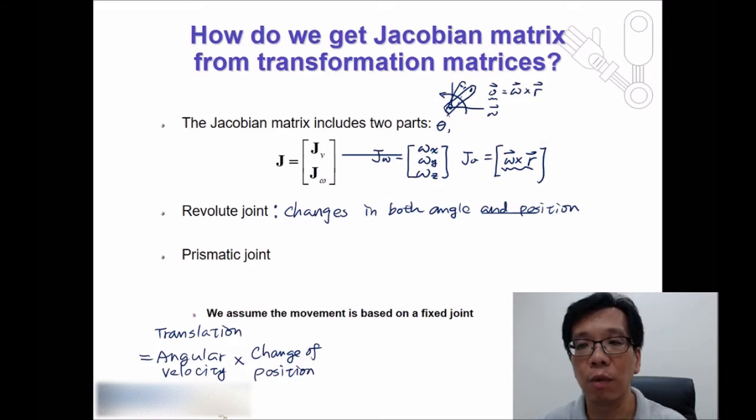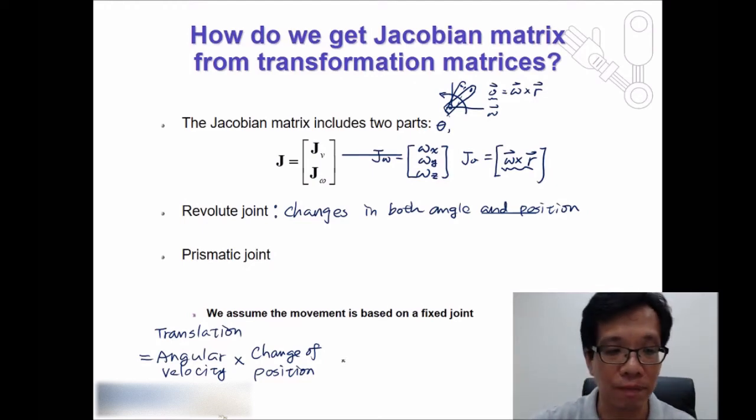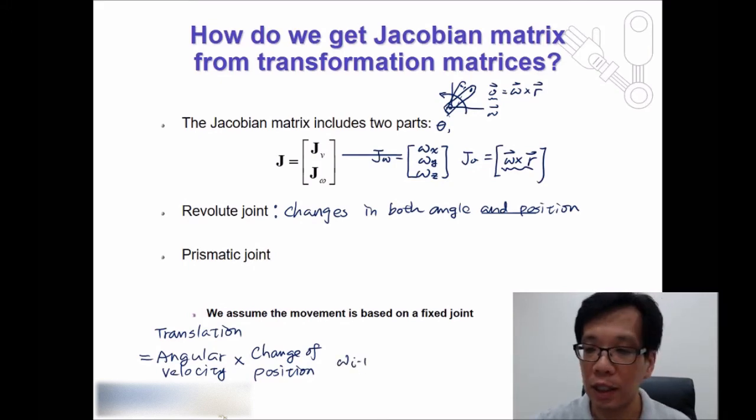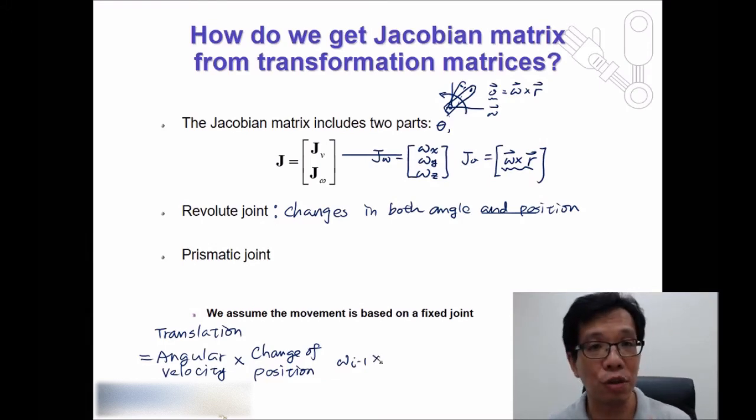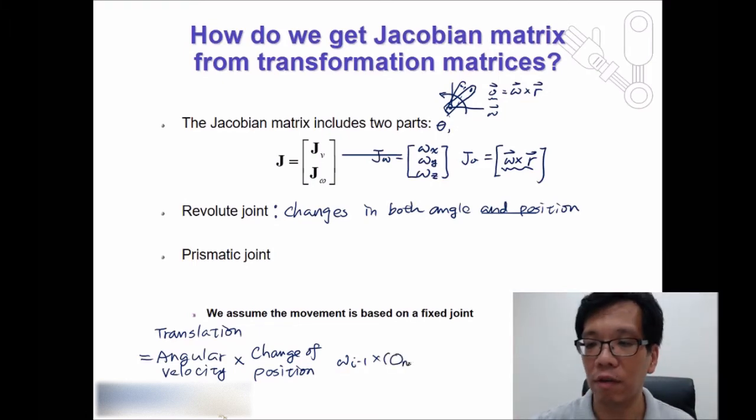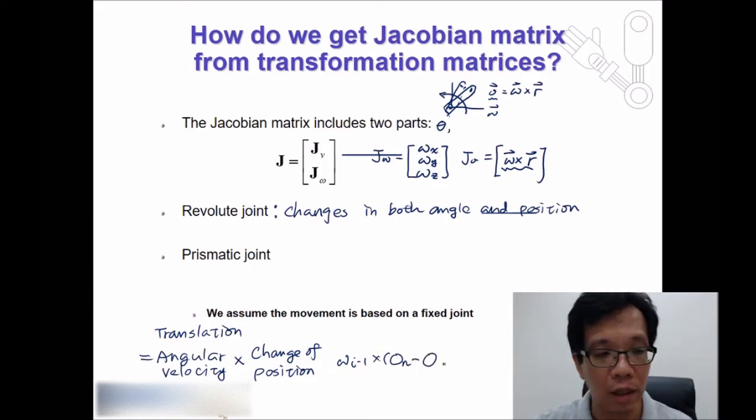But since we're dealing with transformation matrices, how do we define those things? Angular velocity is not difficult to identify because normally we rotate about the z-axis. So when we try to find this, the angular velocity is actually omega i minus 1. Then we need to find out the length or the change of position. That is going to be my end position minus the one you are interested in.